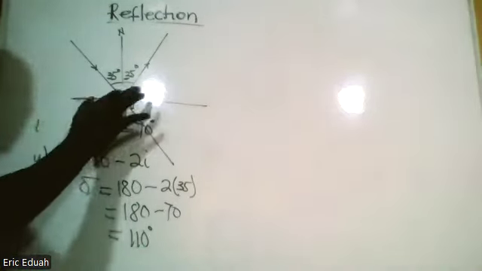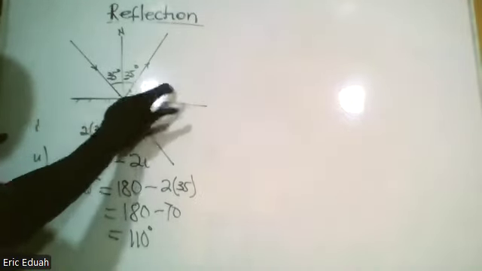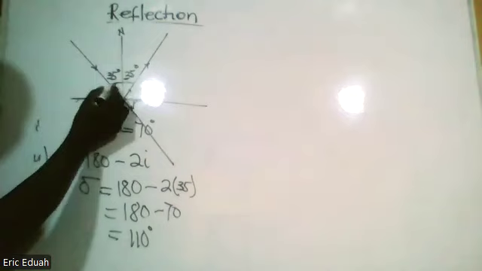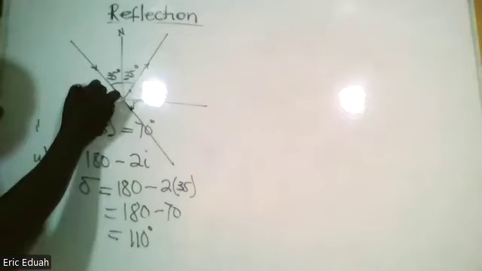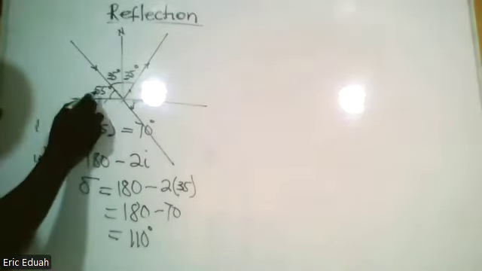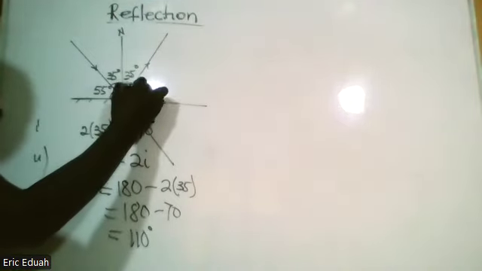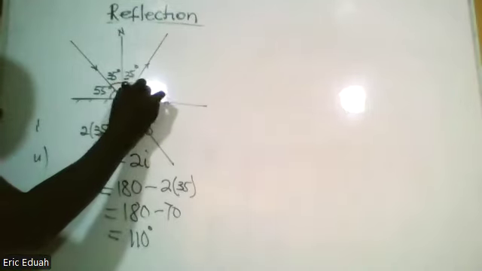Another way of calculating the deviation is this. Once the angle of incidence is 35, this is 55. If this is 55, due to the corresponding angle rule, this is also 55.